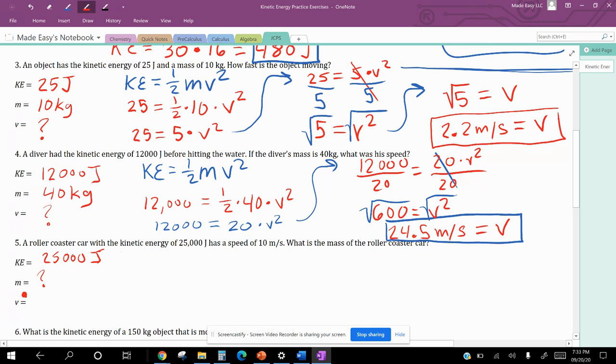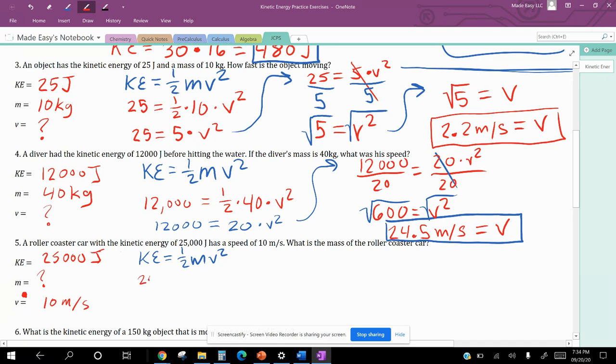Okay, our speed, they tell us it's 10 meters per second. So I'm going to rewrite the kinetic energy equation: KE equals 1/2 mv squared. Our kinetic energy, we're just going to plug that number in.